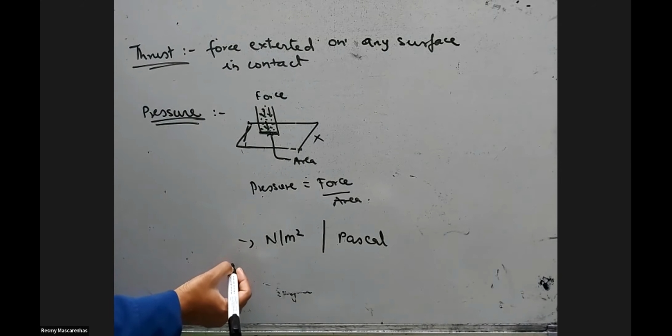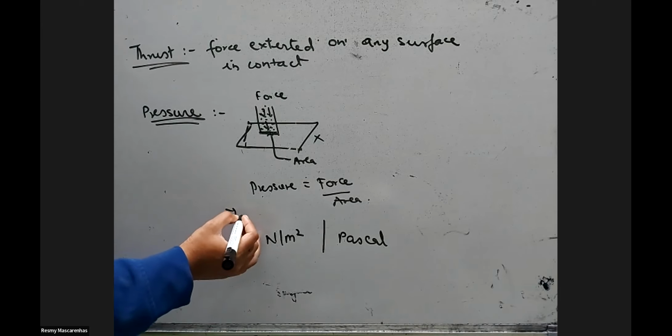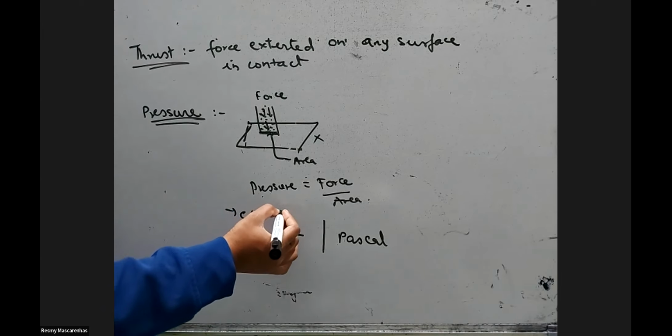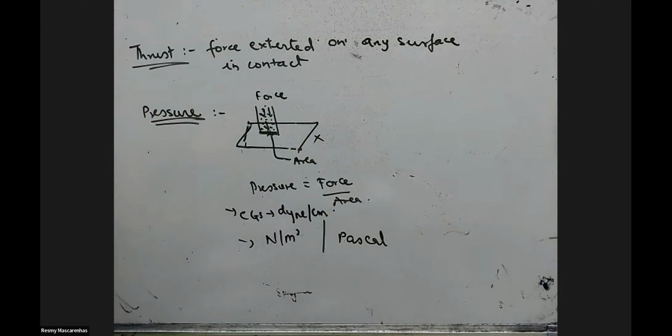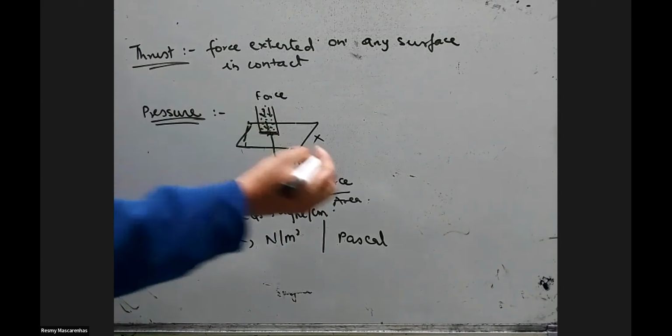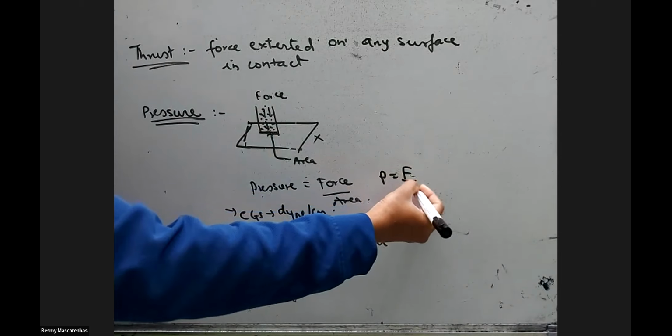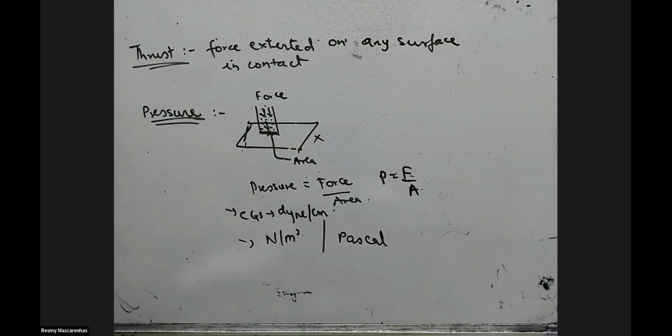This is the SI unit. This formula we already know: pressure is force upon area. In terms of letters it is P is F upon A. This we will be using many times in the derivation.